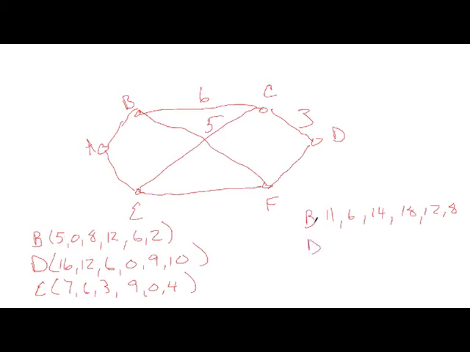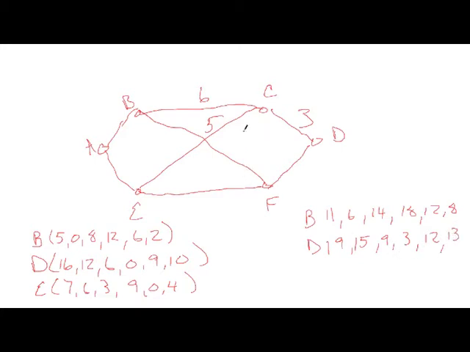The cost to D is 3, so we go through and add those. And you get 19, 15, 9, 3, 12, and 13.